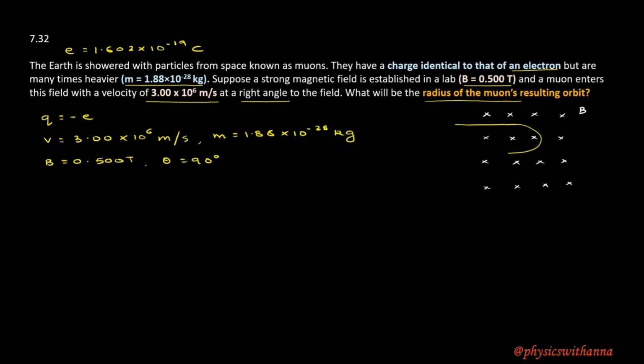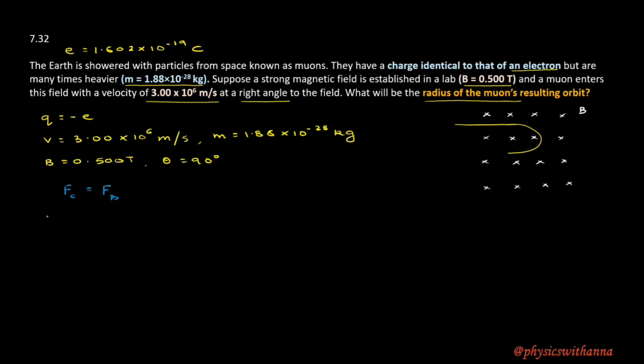Since the charged particle enters at 90° to the magnetic field, we know it will follow a circular path. And whenever an object is moving along a circular path, it requires a centripetal force that will keep it within its circular orbit. For our problem over here, this centripetal force is given by the magnetic force. So I can write centripetal force Fc is equal to the magnetic force Fb.